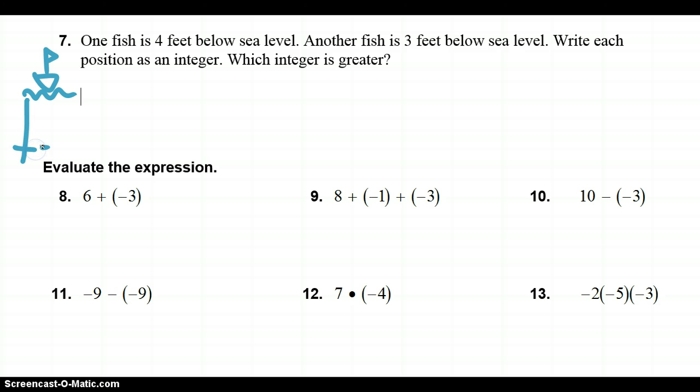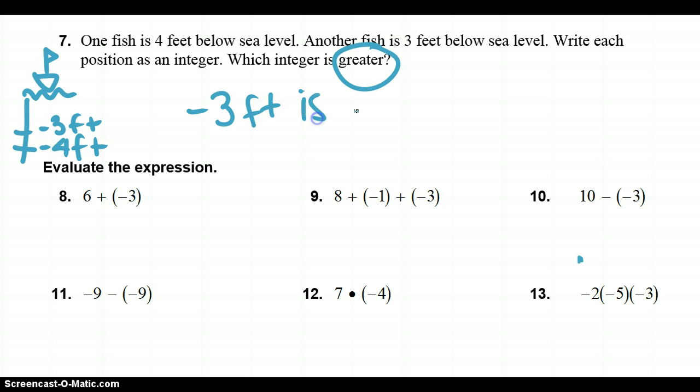So one fish is at -4 feet, the other fish is at -3 feet. Which integer is greater? -3 feet is the greater integer. It is closer to the water.